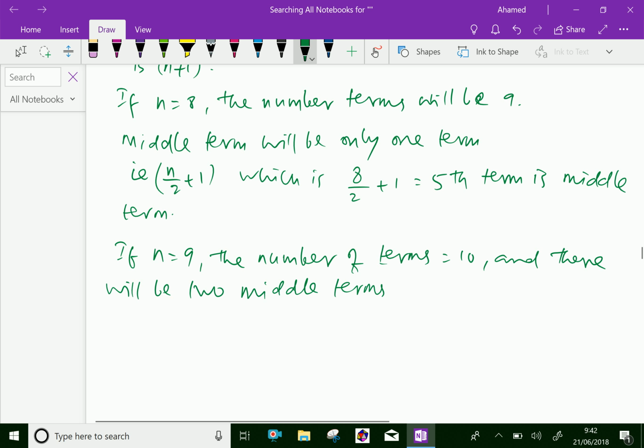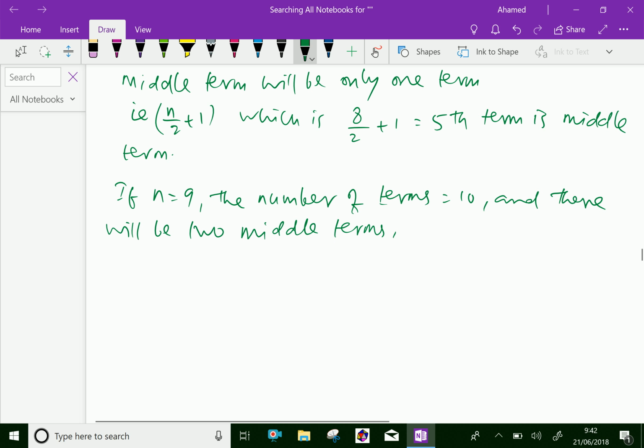There will be two middle terms, which are the fifth and sixth terms.